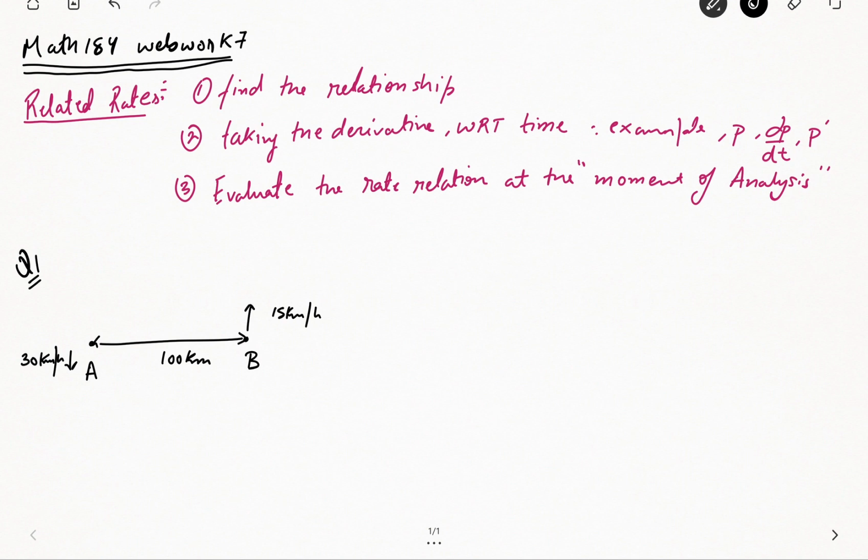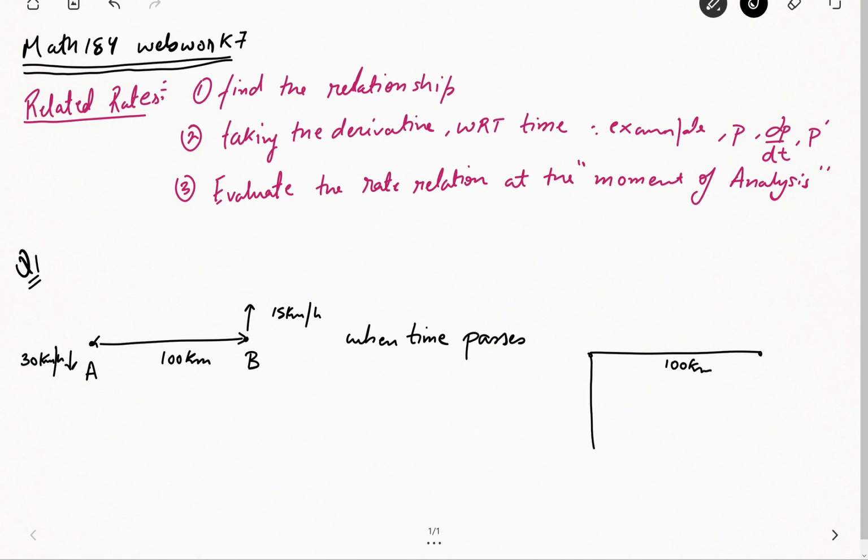Now we've got to make a picture of the dynamic. This was the initial spot where you started. And now, when time passes, you'll see the dynamic change something like this, where this will still say 100 kilometers, but this will be something, and that will be something.